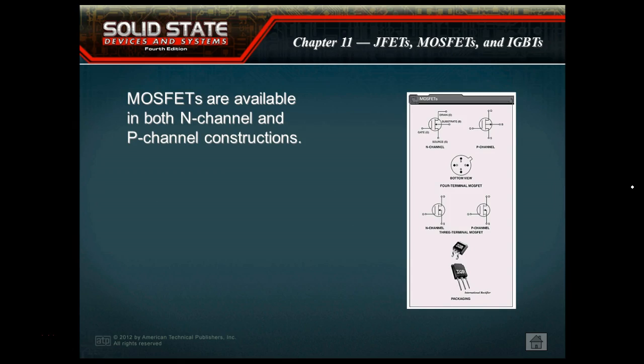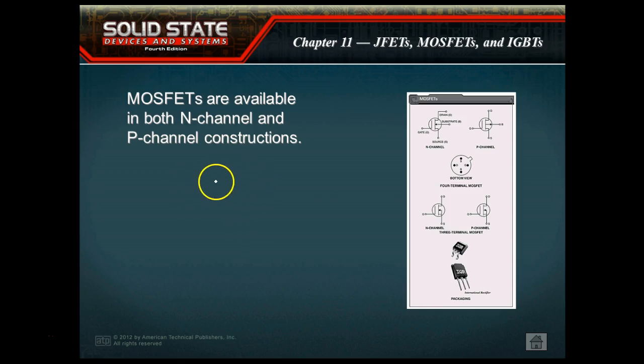Next thing we're going to look at, so that's your JFET. JFETs work really well, but we still have problems. Number one, if you accidentally forward bias them, you could mess them up. And so what they did is they came out with some different categories.